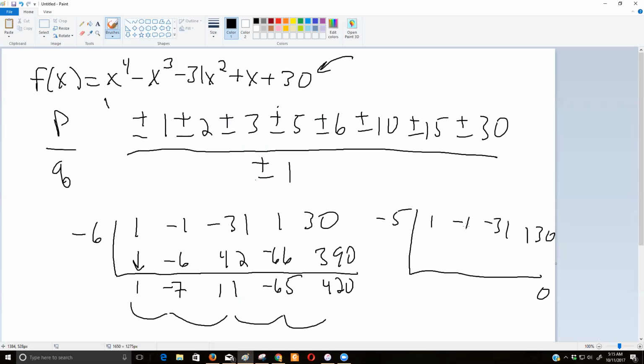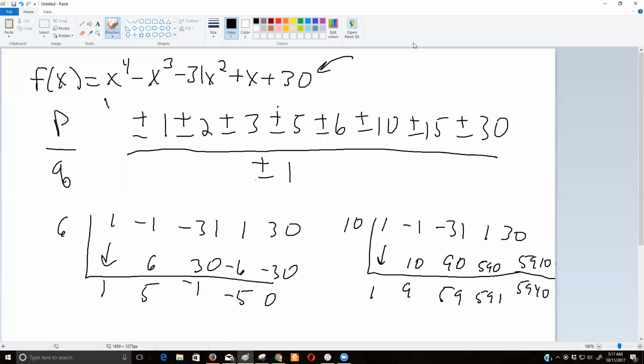How about an upper bound one? For the positive upper bound, I decided to try 6 just to see what happens. I know 6 is a 0 because I looked at the graph. When I did synthetic division with 6, I got a remainder of 0, which tells me 6 is a 0 for this polynomial.